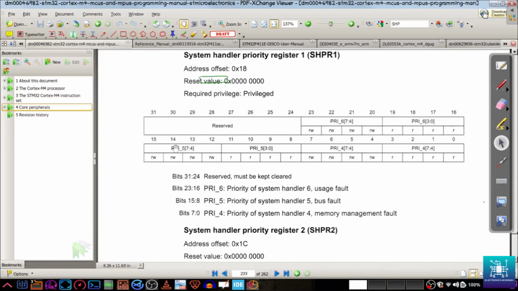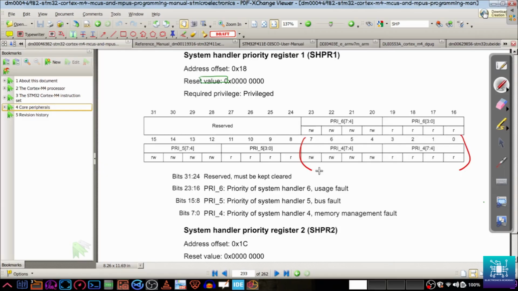If you look at the registers, they are of course 32-bit registers, and every 8-bit stands for one particular exception. For example, say priority 4 is memory management fault. So it starts from priority 4.